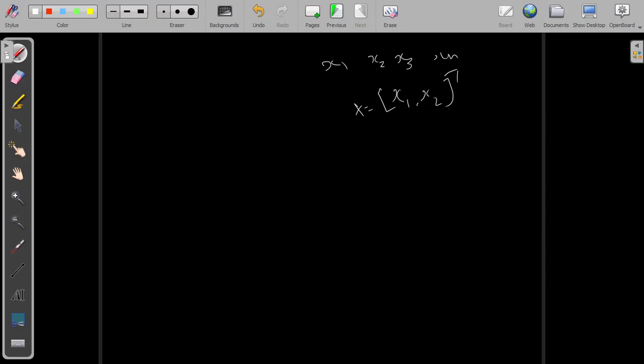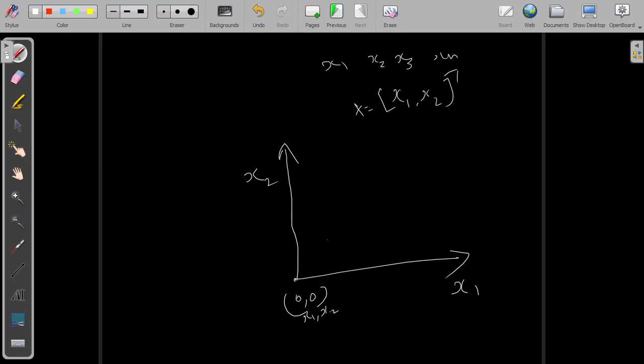So varying x1 means, in the x1 x2 plane, initially we have 0 0, right? We are fixing this 0, and x1 is varied so that f of x is minimum.